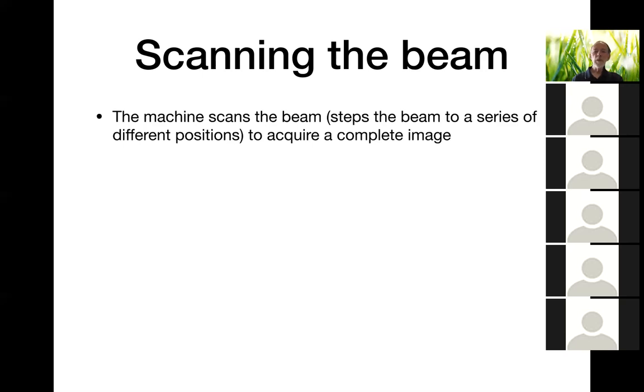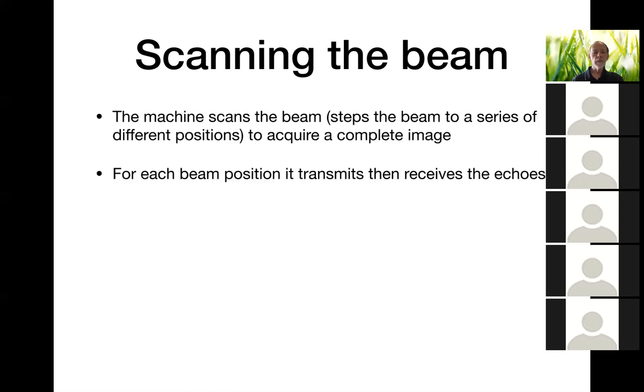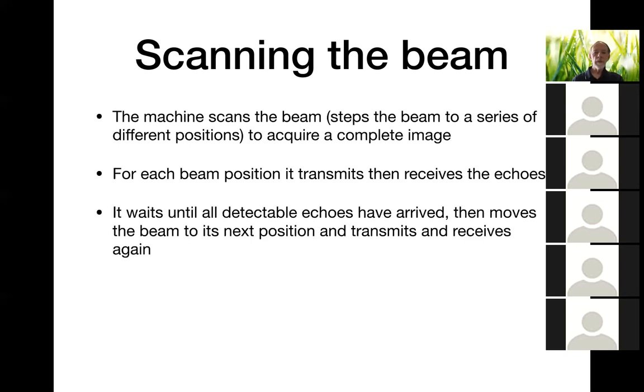So the machine moves the beam to a series of different positions, transmitting and receiving echoes in each one of those positions. And it does this methodically to scan the entire region and produce a complete two-dimensional image. A very important rule applies to this, and that is that the machine, after it's transmitted, has to wait until all the echoes that it can detect have come back before it moves the beam to the next position and transmits and receives again.